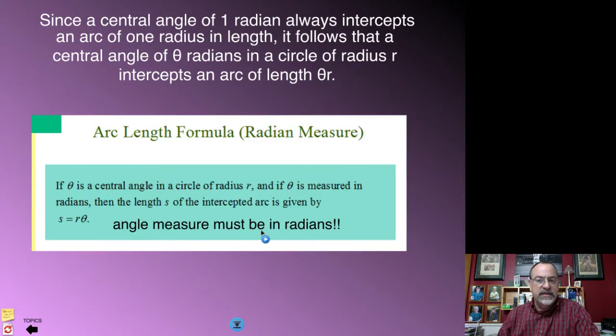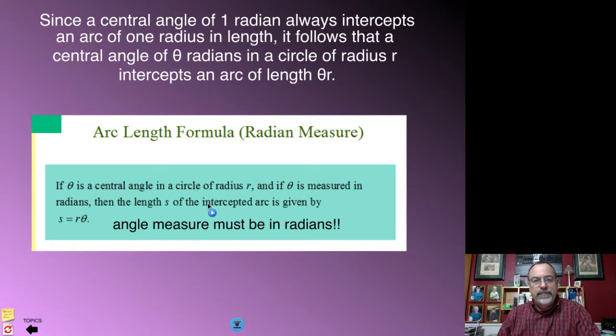That gives us this little equation where s is the length of the arc on the circle, r is the radius of the circle, and theta is the measure of the angle. The only caveat here is that this angle must be in radians.